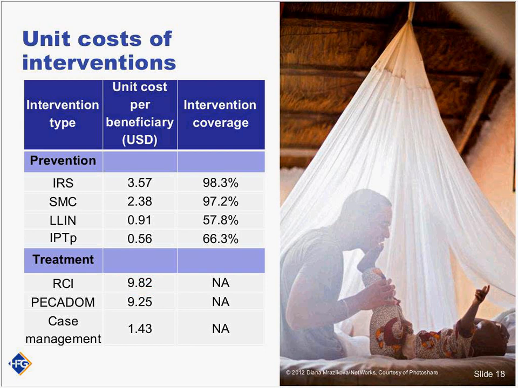Looking at coverage, we also see that WAS and SMC have very high levels of coverage, and IPTP has a relatively lower level of coverage. Remember that LLINs and IPTP are part of the Sophie package, the basic one, which is nationwide.